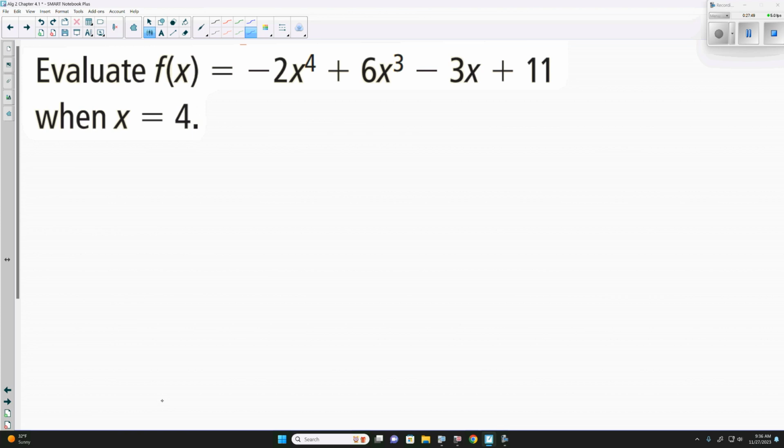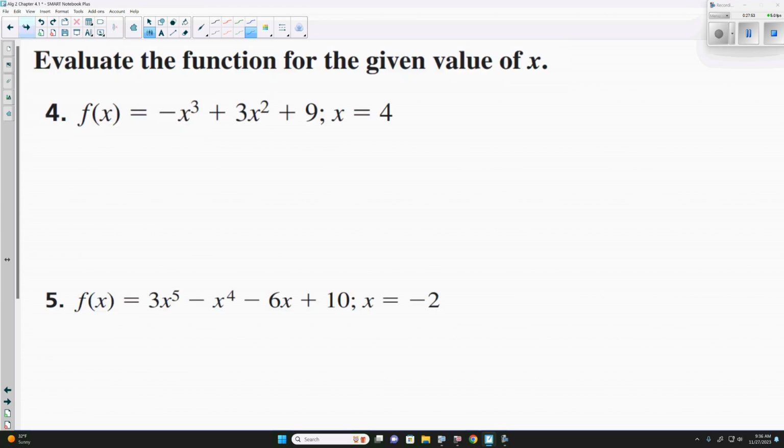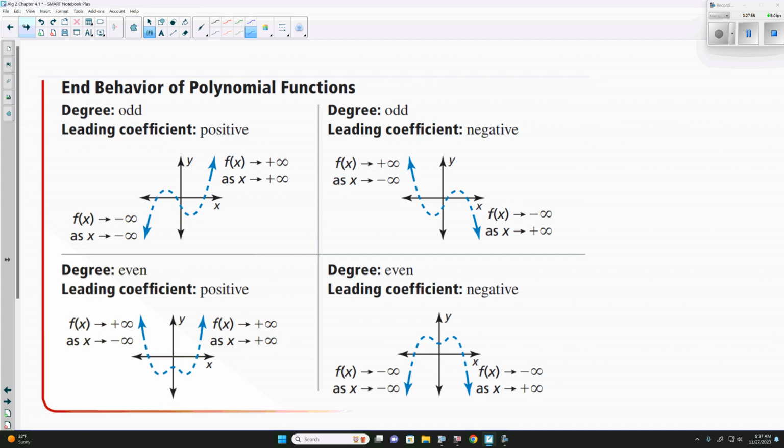Well, I believe there's one last part. The scary thing called end behavior. End behavior is not as scary as you might think. End behavior, well, as it kind of describes, end, we're going to go to one of the extremes, either positive or negative infinity.